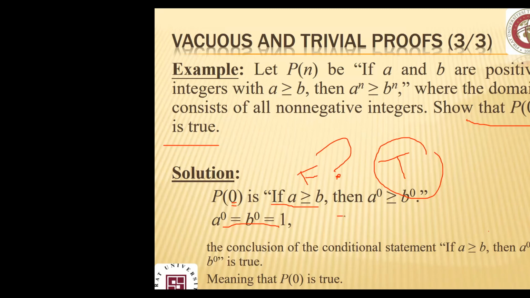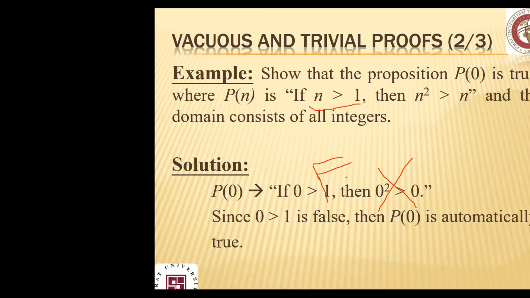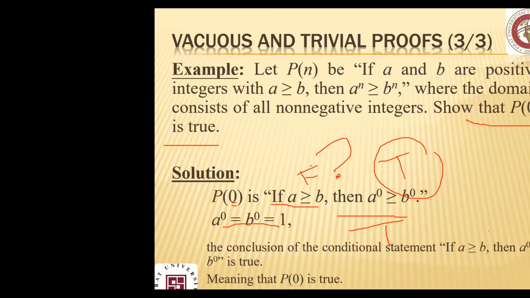Once the implied statement is true, then no matter whether the first part is false or true, the whole is also true. Same as we said here, we ignore this one no matter what. As long as this part is false, then the whole statement is true. Now, as long as this one is true, then the outcome is true.